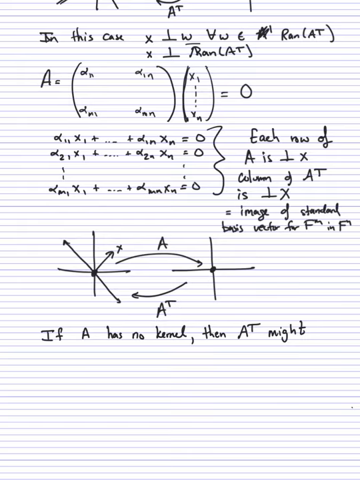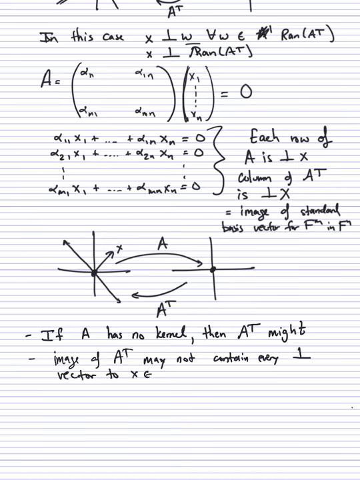Another thing to just keep track of is that the image of A transpose may not contain every orthogonal vector to x.